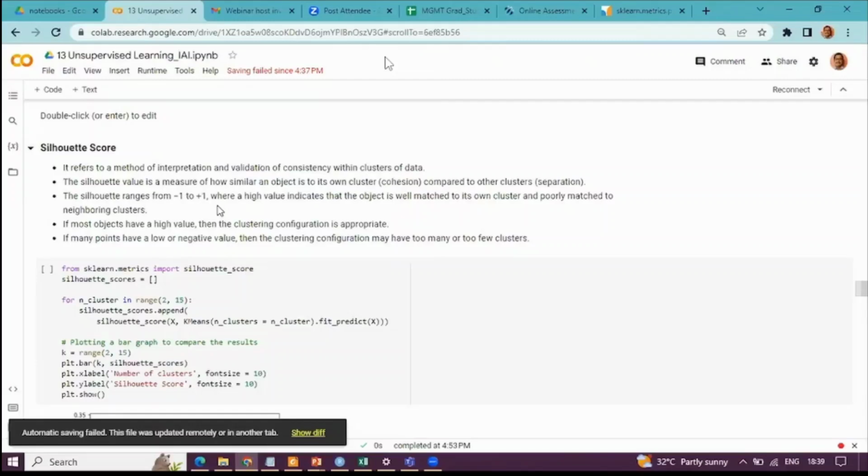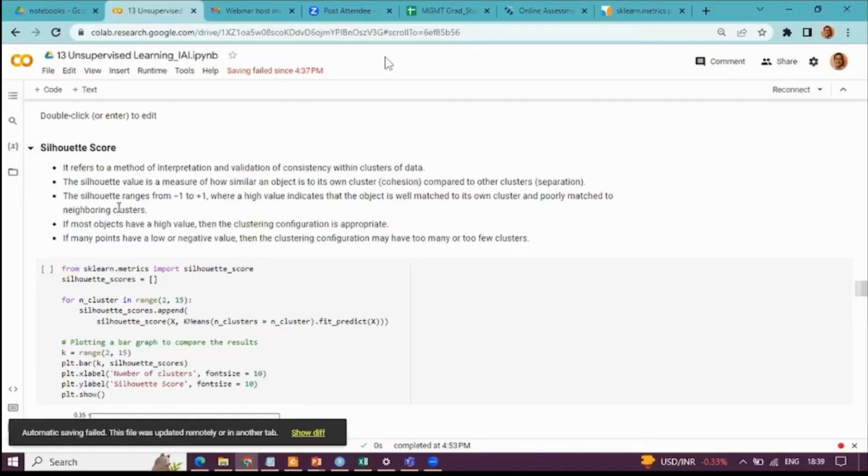A very high value indicates that the object is well matched to its own cluster and poorly matched to the neighboring clusters, as we have already talked about, A minus B by maximum of A comma B. So if B is 0, then only can the Silhouette score be 1. Otherwise, it can go higher and higher, but it will never touch 1. So the maximum value is +1.